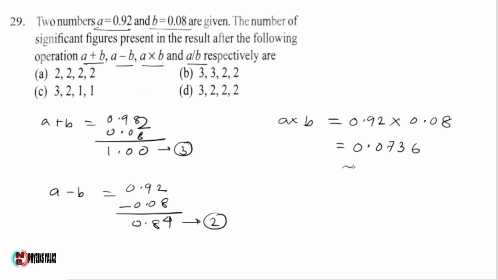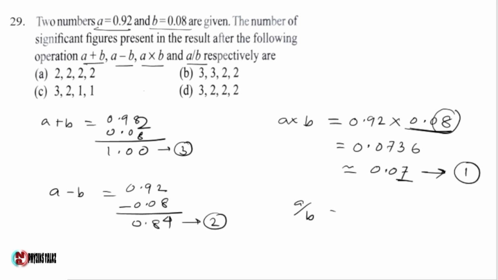0.0736, but the answer is written as 0.07, as this number has one significant digit, so the answer should be in one significant digit. So the significant digit of multiplication is 1.